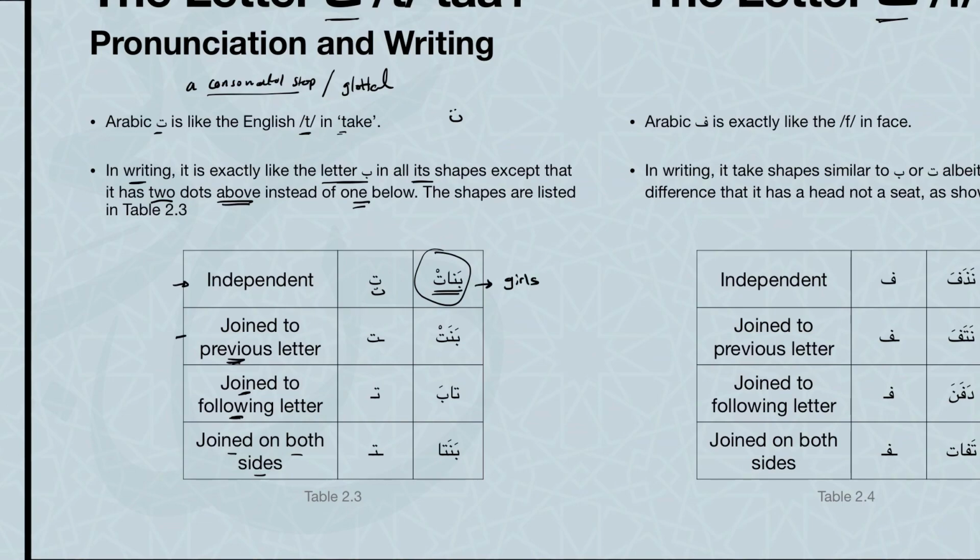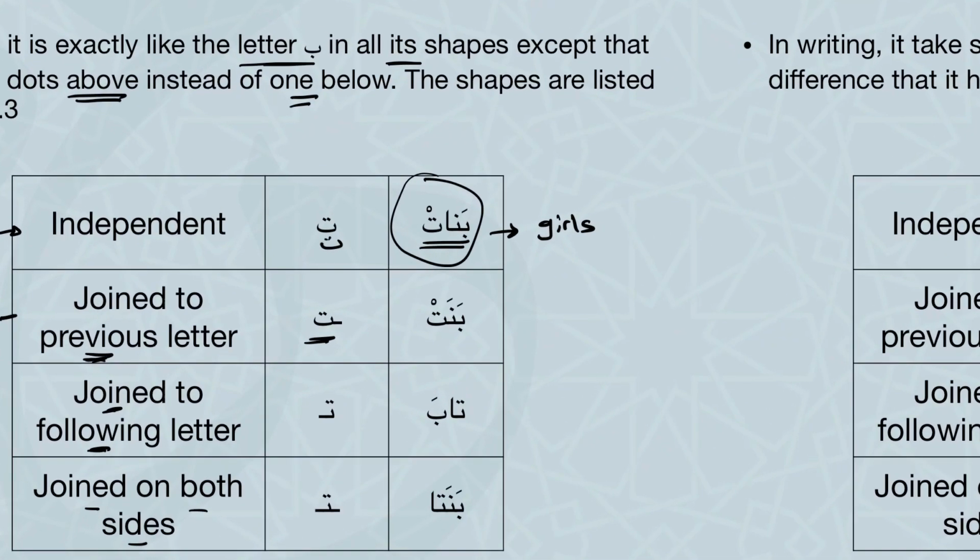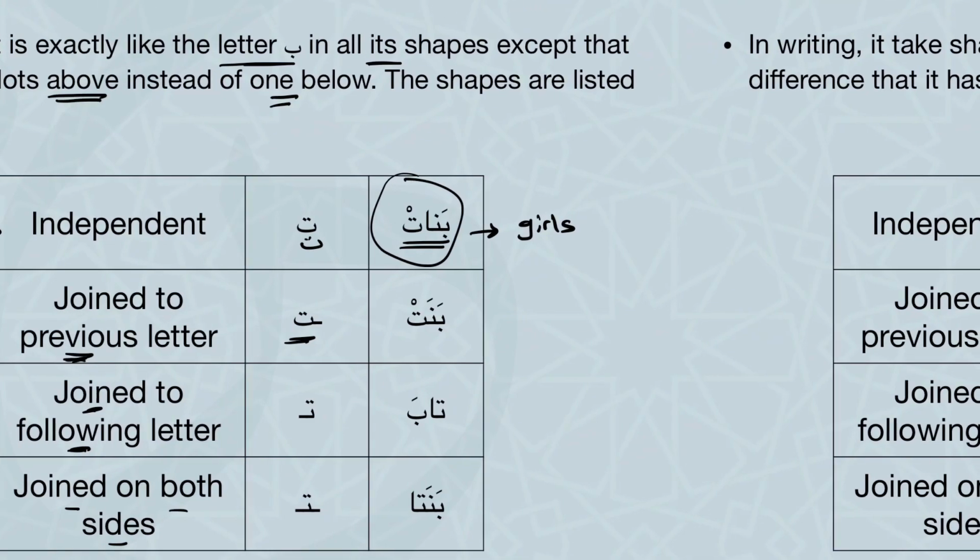And this form, where it attaches to something before it, we can read as bint. Now, if we jumble the vowels, remember that vowels are important in Arabic and can change the meaning of a word. If I say this word to a native speaker, they would understand that she built something: banat.